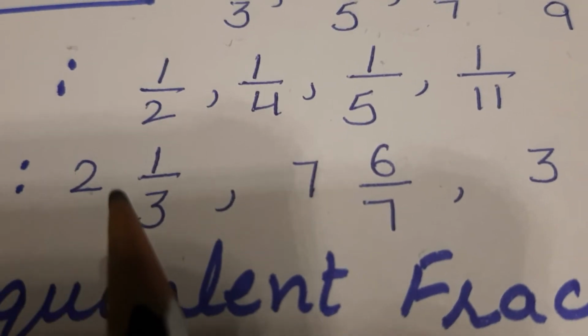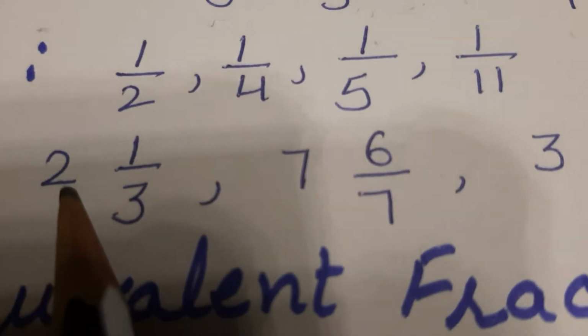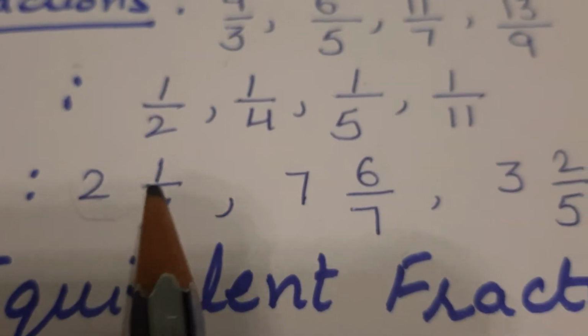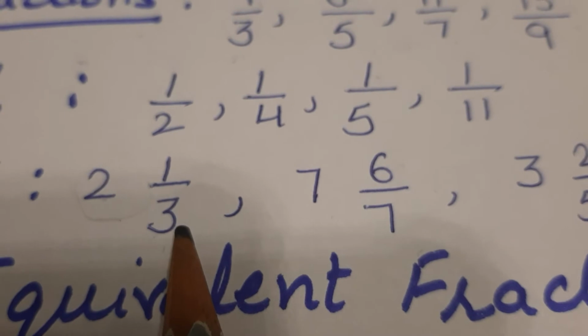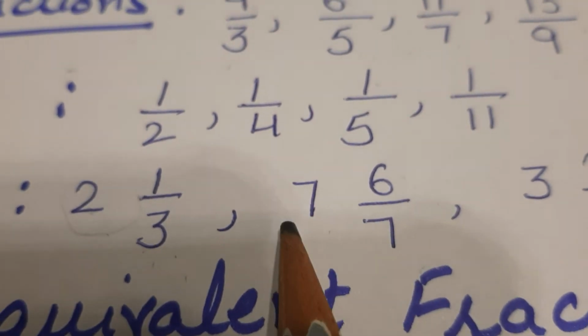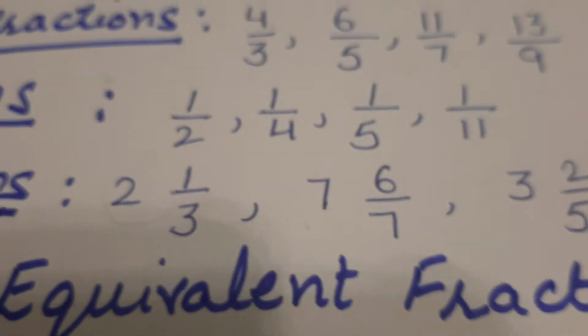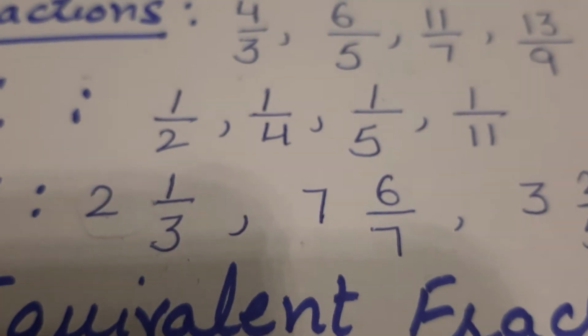Okay, why are they called mixed? Because if you see in this, one part is a whole number and the second part is a fraction. Whole number and fraction. That's why they are called mixed fractions.